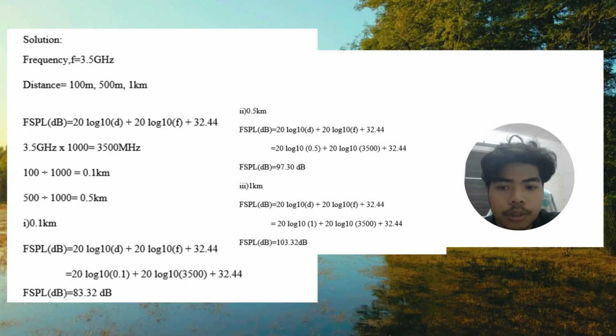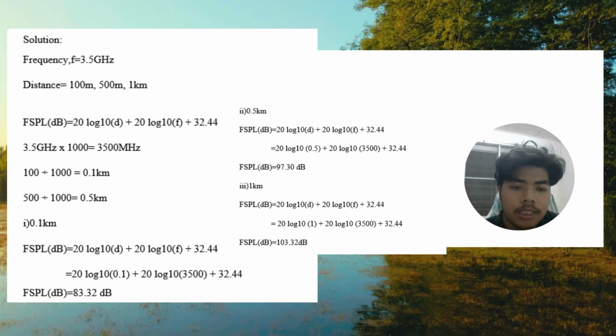Okay, next. The free space path loss calculation. Now for the solution. We are given frequency 3.5 gigahertz and our distances are 100 meters, 500 meters, and 1 kilometer. So we are using the formula FSPL in dB equals 20 log 10 distance plus 20 log 10 frequency plus 23.44.